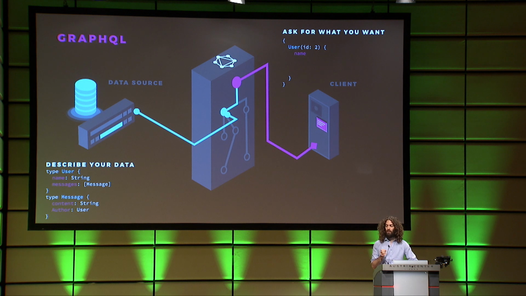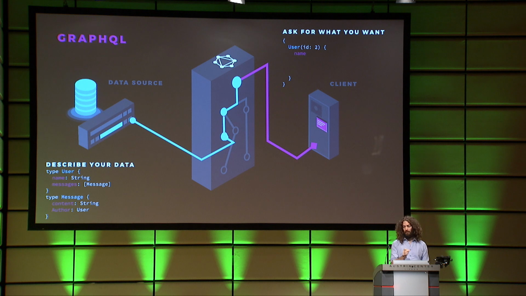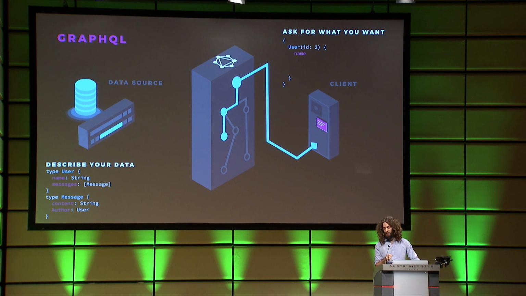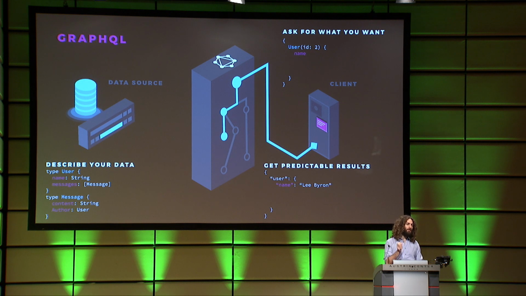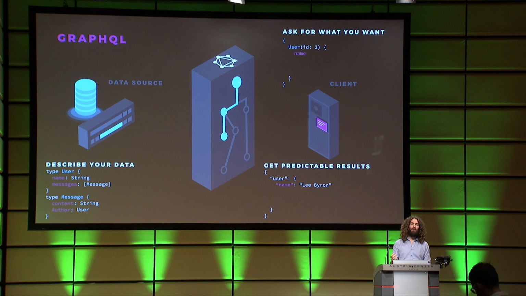Then this magic box will go in, interpret field by field, get the data from my data source, and return it back in one single response, just what I need, in exactly the same shape. So I know the shape and the type of the data that I'm going to get, and this is also the shape that I want. I don't need to parse the data once it gets into my client.